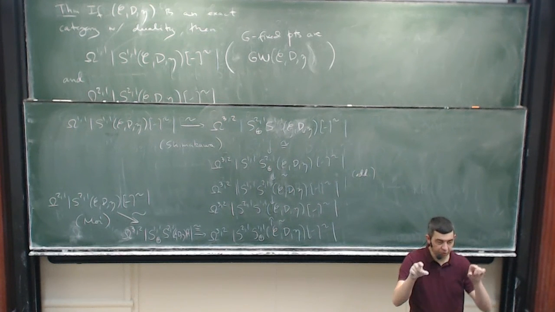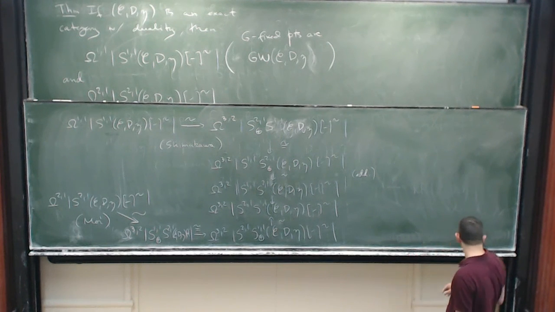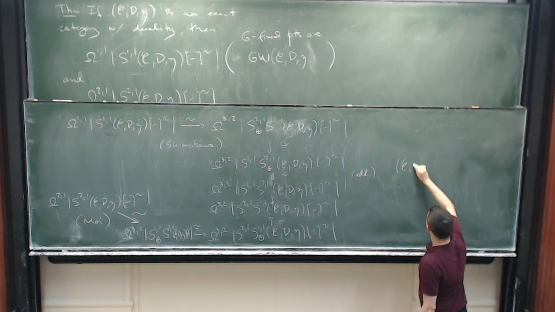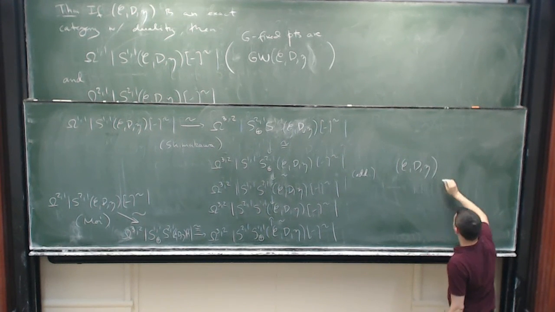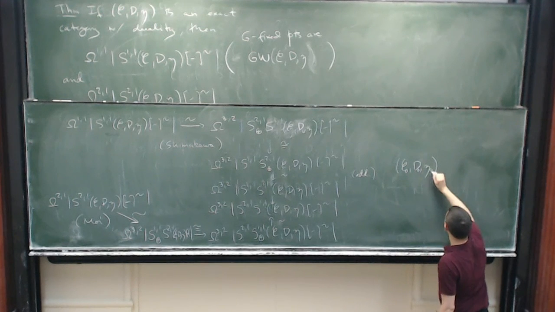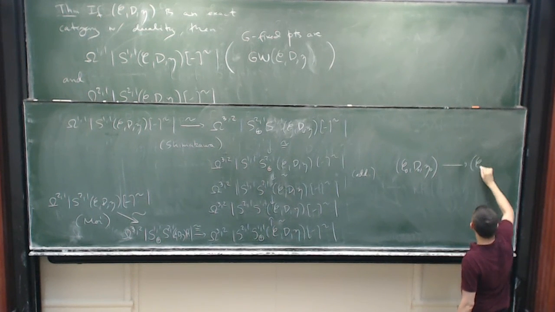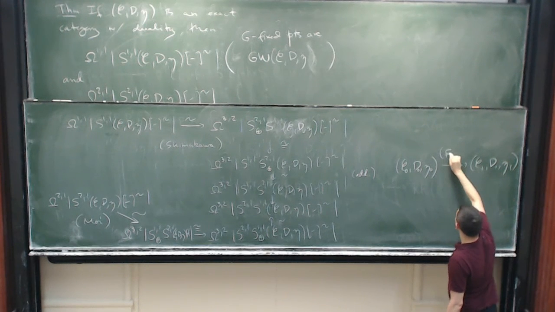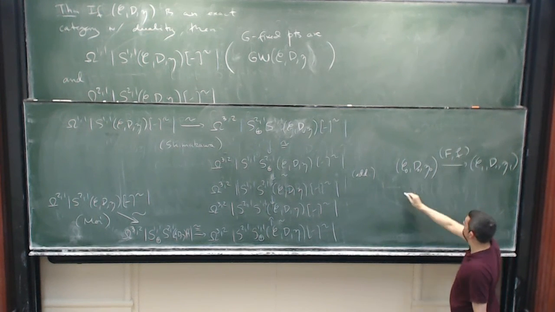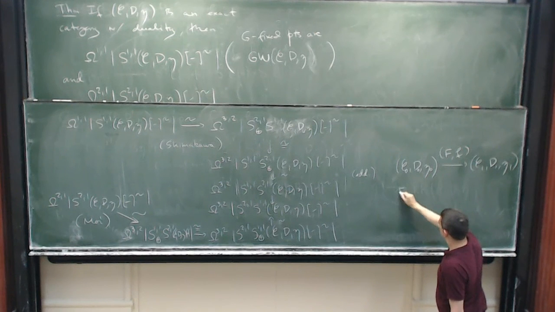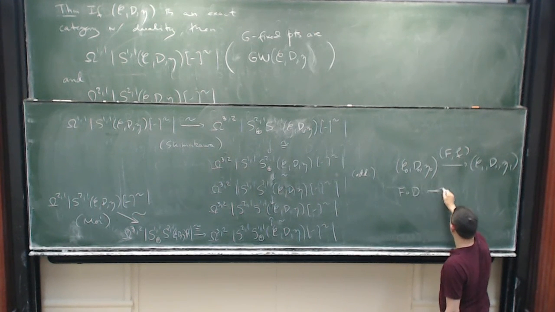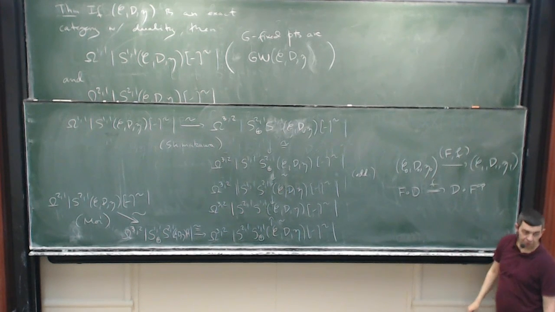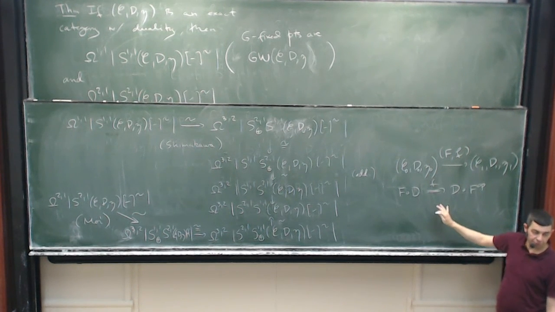A one morphism between two here is a pair of a functor and a natural transformation from f composed with d to d composed with f up, such that a certain diagram commutes.